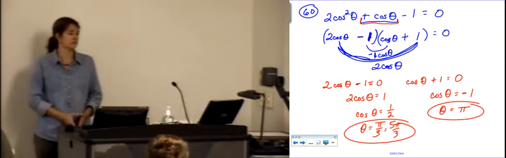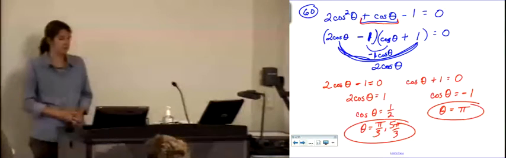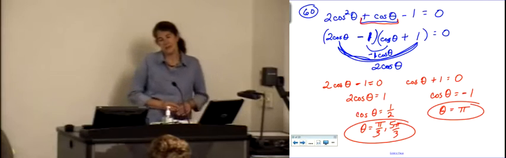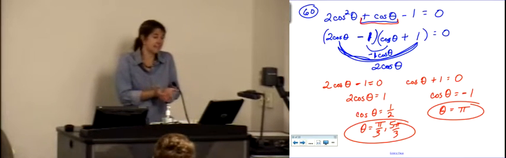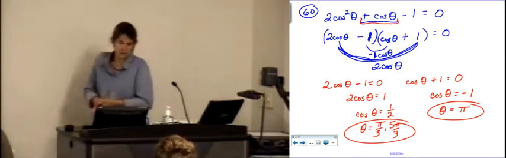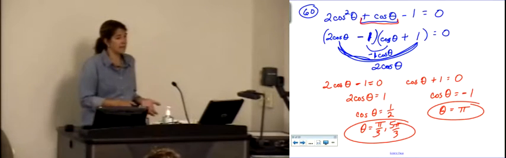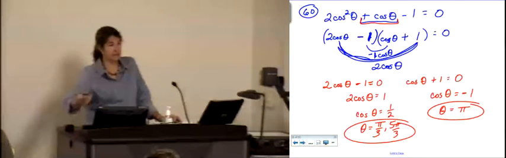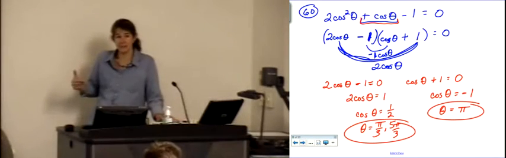So you could do this with the quadratic equation also. If you really wanted to, you could work with it with the quadratic equation. You're thinking of those cosine thetas as x. So your a is 2, your b is 1, your c is negative 1 here. You would plug in, but then whatever you get, you're going to have to say the cosine of theta is equal to, it'll give you 2 values, because again in the quadratic formula you have that plus or minus in there.